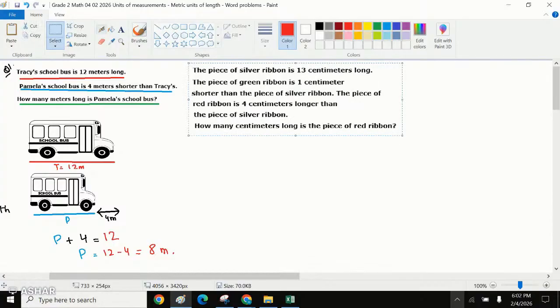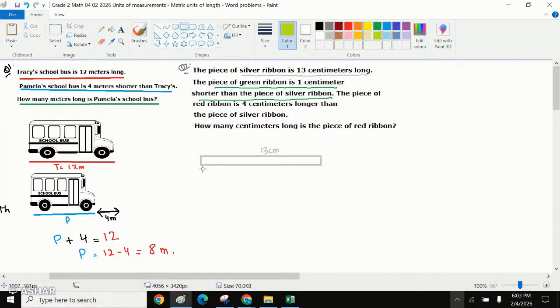Okay, so question number 2 says, the piece of silver ribbon, I'm using this color, is 13 centimeters long, right? If I would say this is a silver ribbon, that is 13 centimeters long. The piece of green ribbon is 1 centimeter shorter than the piece of silver ribbon. That means the green ribbon is 1 centimeter shorter. That means this should be 12 centimeters.